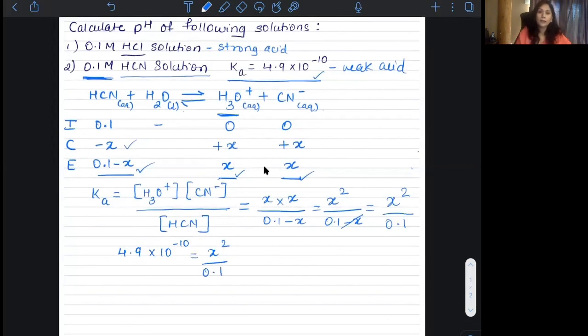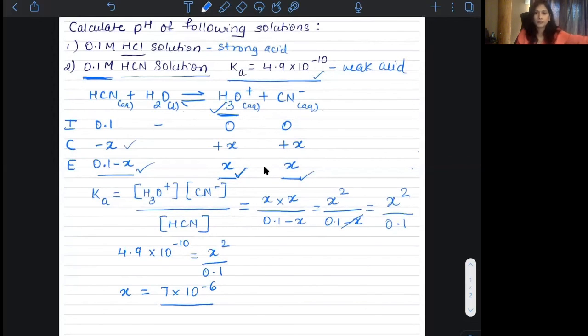And then when I calculate for x, my x value comes to 7 times 10 to the negative 6. So now I know this x value, which is the hydronium ion concentration at equilibrium, is 7 times 10 to the negative 6.